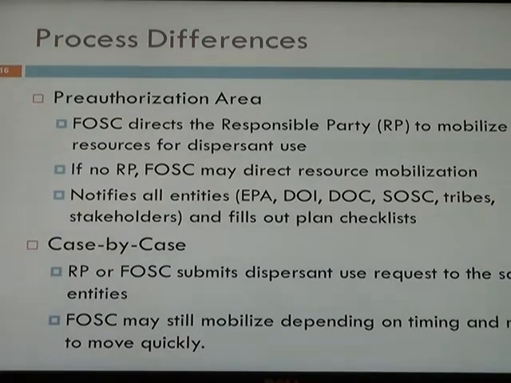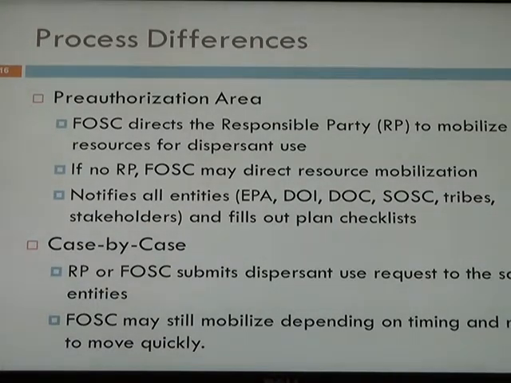If you look at the plan, the two processes look very similar, but there are some key differences. Within the pre-authorization area, the Federal On-Scene Coordinator is able to direct the responsible party, or the RP, to mobilize resources for dispersant use, so that you can start moving those dispersants toward the oil spill.